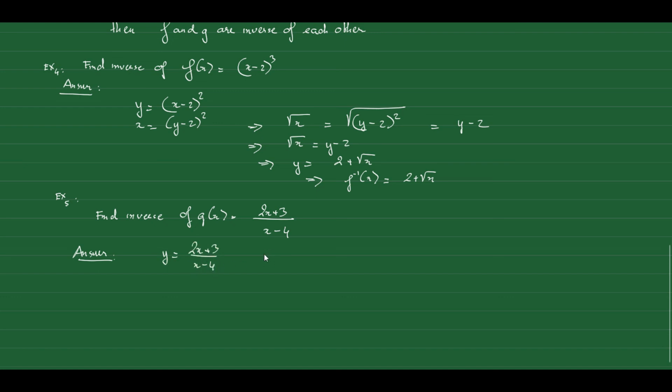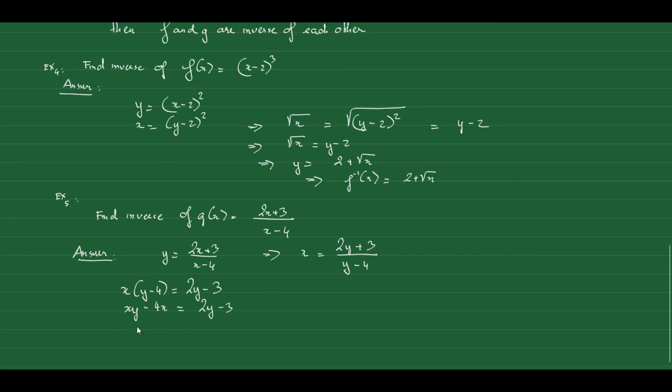Then you swap it. x becomes y, y becomes x. Then you try to get y by itself. So I do cross multiply here. Okay. Then you distribute it.